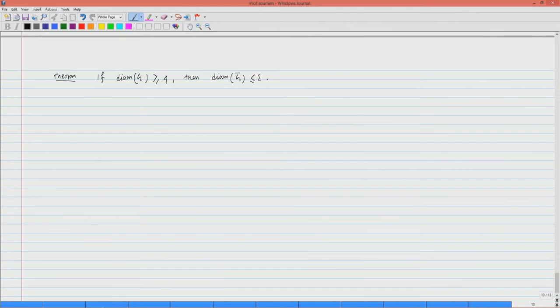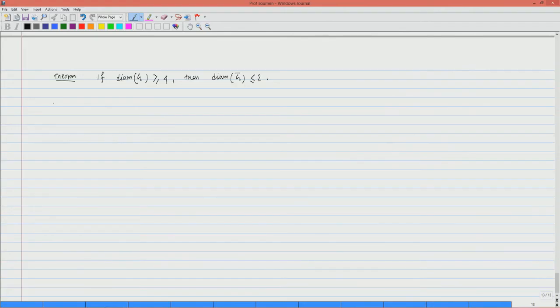So, the diameter of a graph G is given to be greater than or equal to 4. That means there exists a pair of vertices, say u and v, such that their distance is 4, and that is why the diameter is 4 or more than 4. Okay.